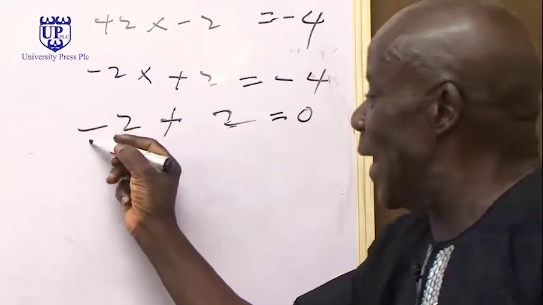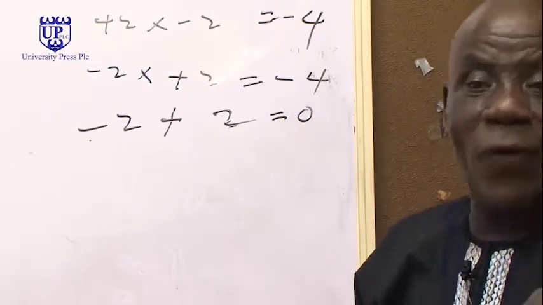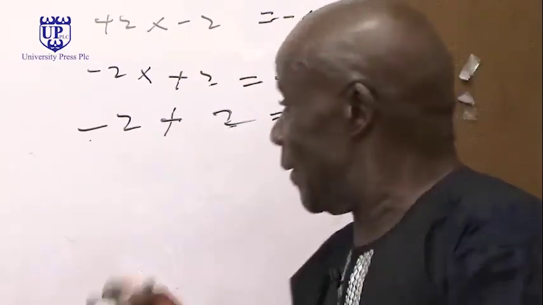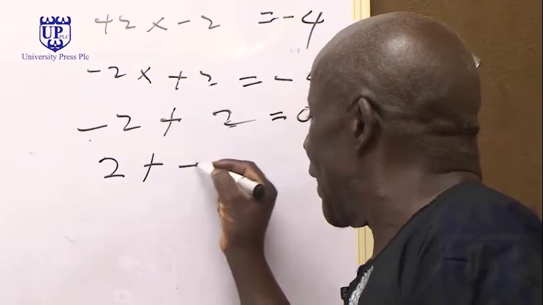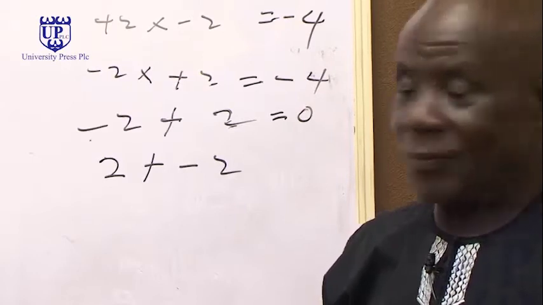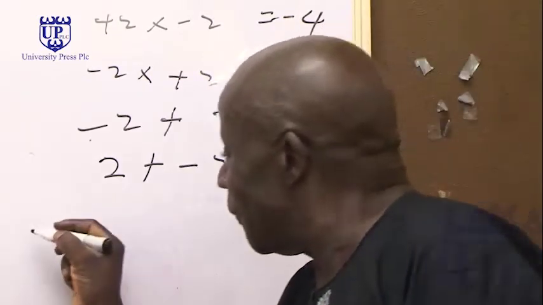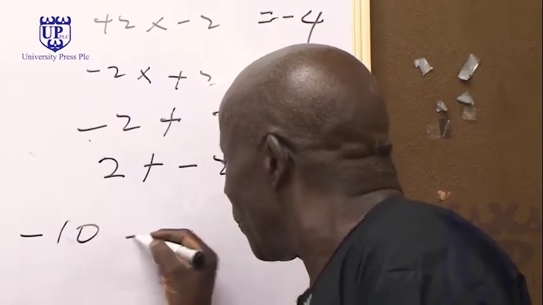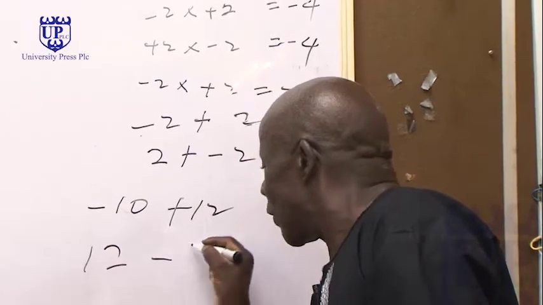If you are given a negative and you are adding it to a positive, prefer to write the positive first. This is the same thing as 2 plus -2, or -10 plus 12 is the same thing as 12 minus 10.